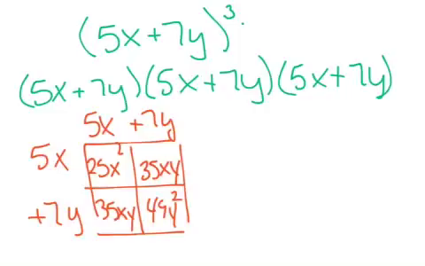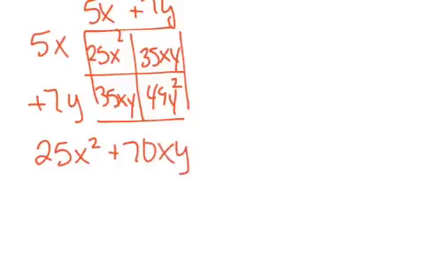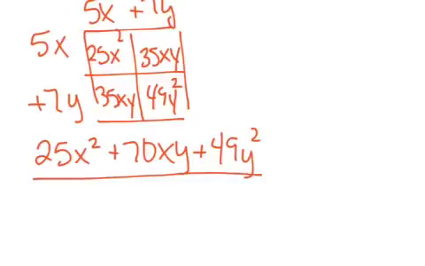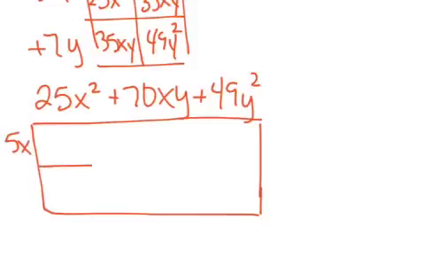So now what I get from that, I'm going to multiply by 5x plus 7y again. So that's going to give me 25x squared plus 70xy plus 49y squared. That's a 3 by 2, and I'm going to multiply that by the 5x plus 7y again.